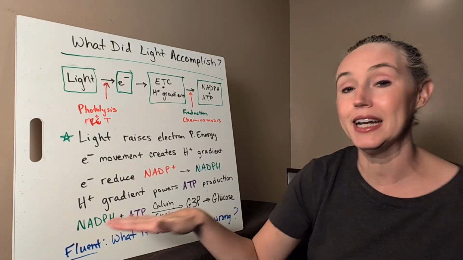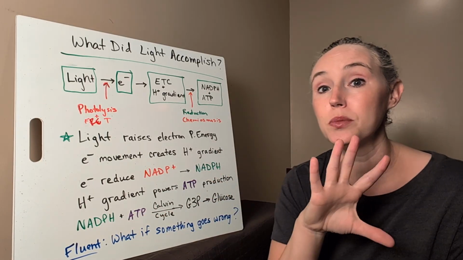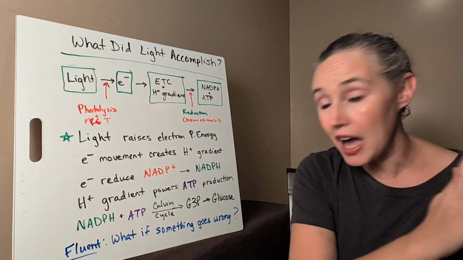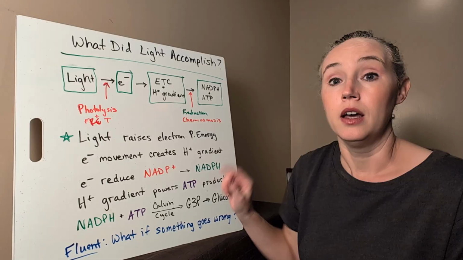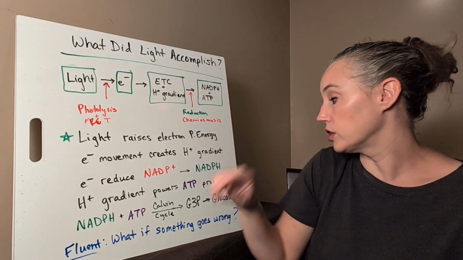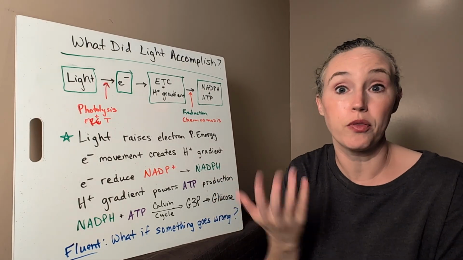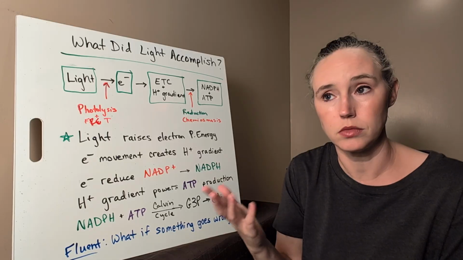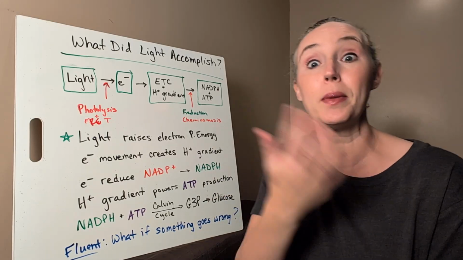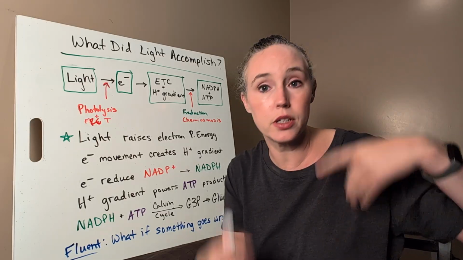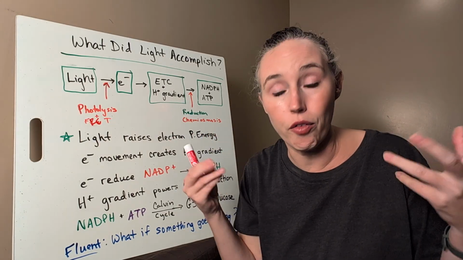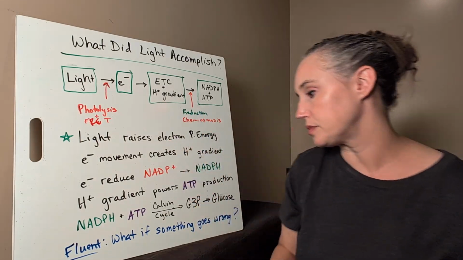And then our NADPH and ATP are going to go to the Calvin cycle to help form G3P from 3-PGA. Yes. And then eventually that's going to make glucose, which in our simplified equation, hooray, is like our final goal product.